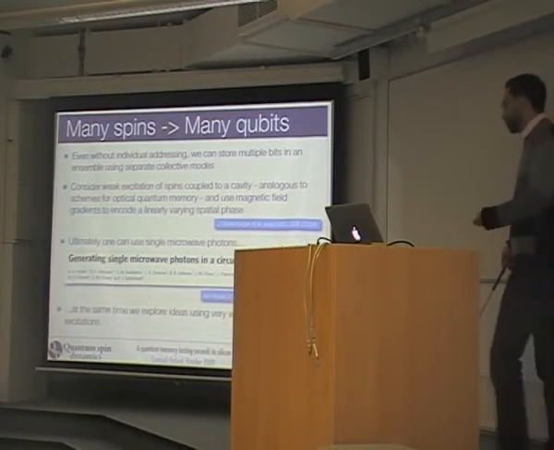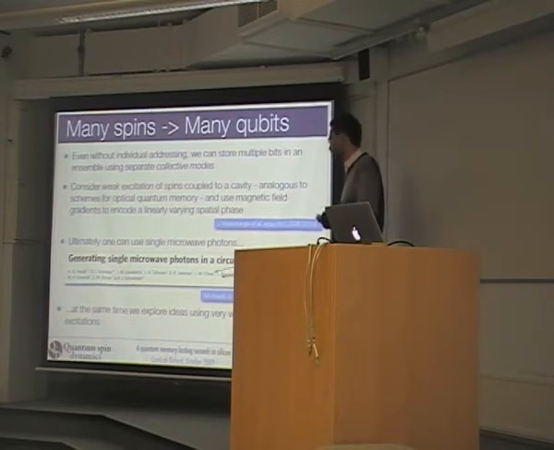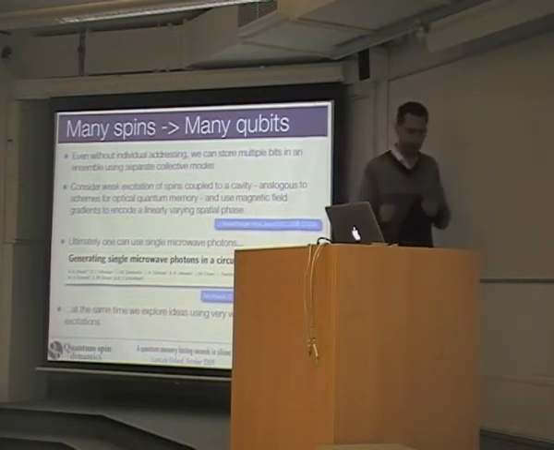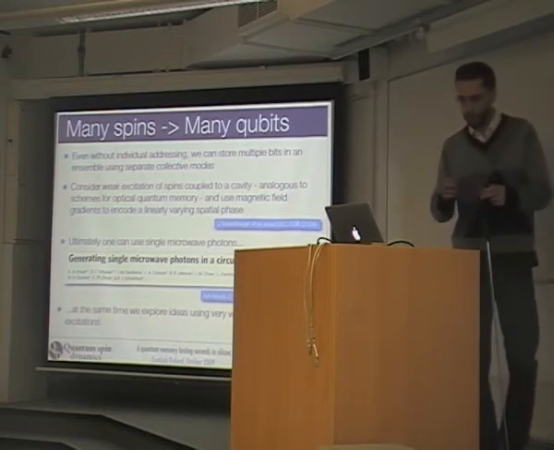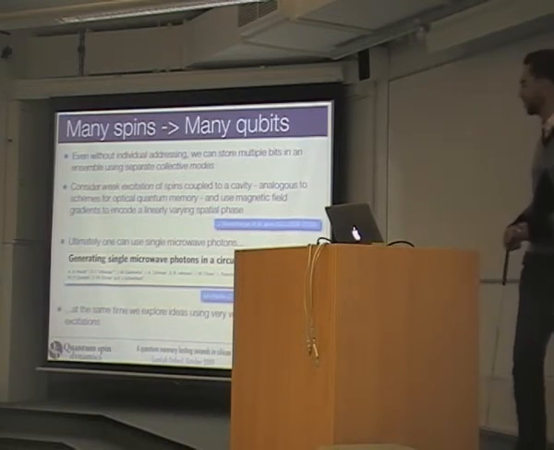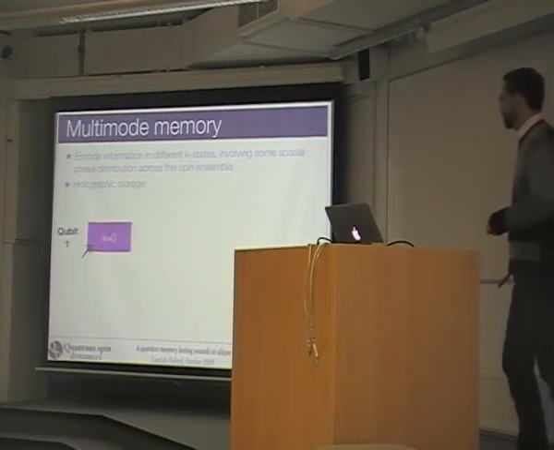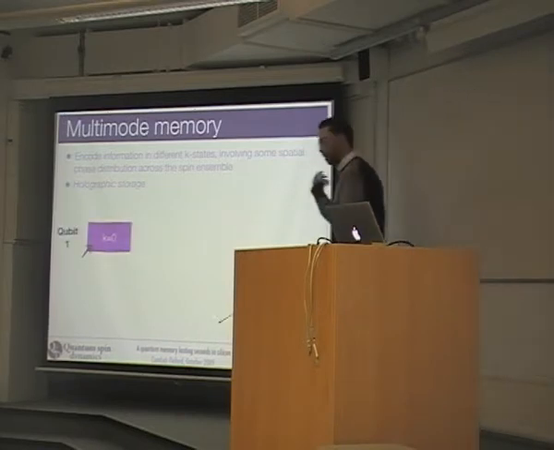And this is possible with electron spins. It's possible to generate circuits that operate with single microwave photons. So we're going to begin to explore this idea using very, very weak microwave pulses, moving towards the limit of single microwave photons.